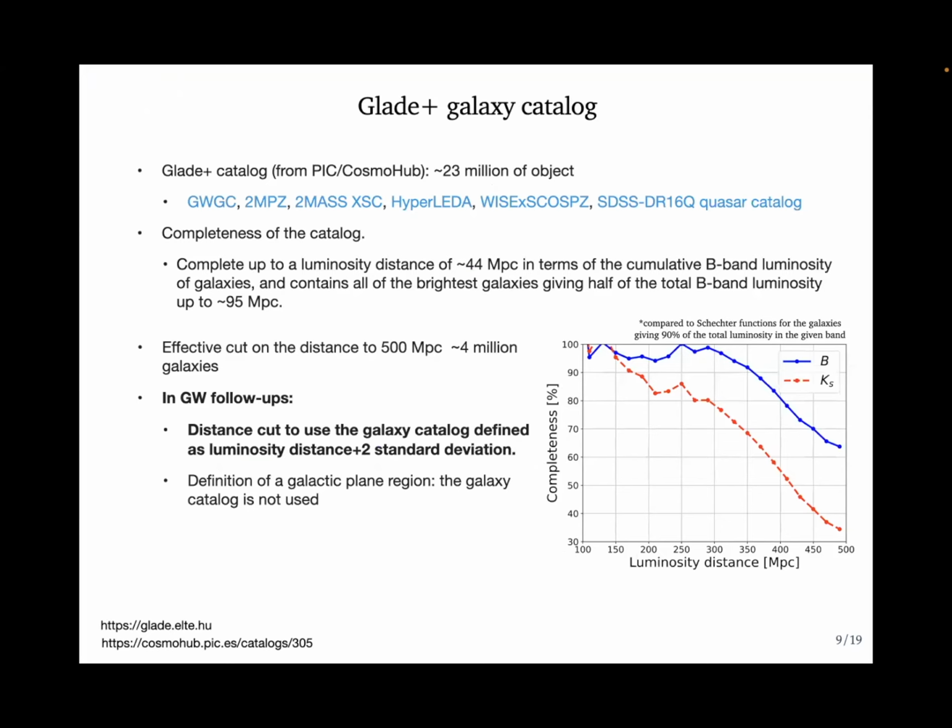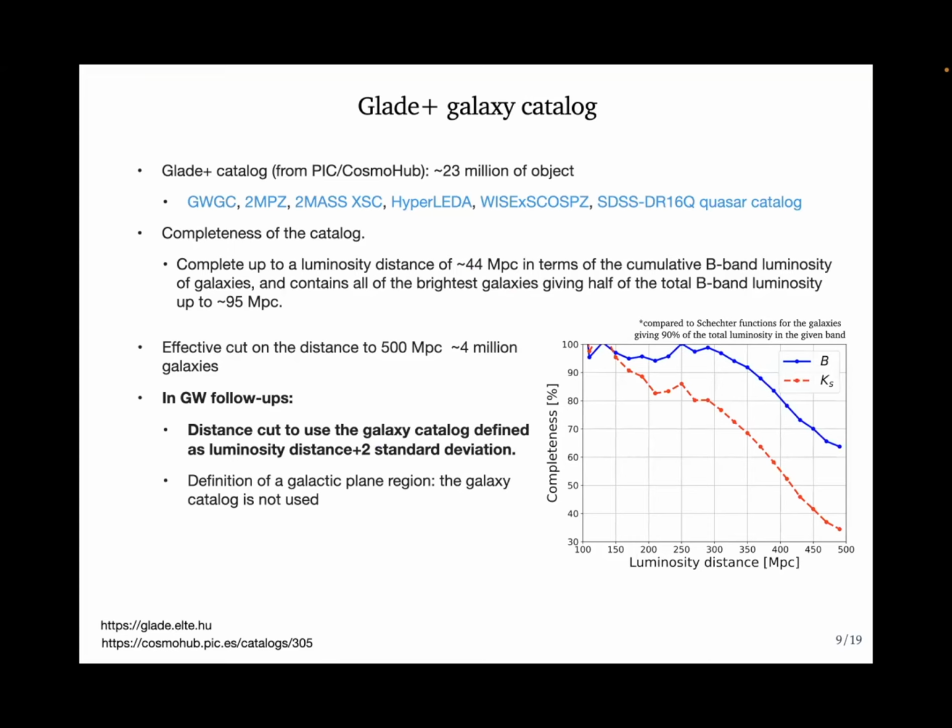Okay, just a note on how we use the galaxy catalog in tilepy if you're going to use Astro-COLIBRI. We take the GLADE Plus catalog, which has many objects, actually 23 million, and then we cut it to fit our needs. We just need the ones in the zone where gravitational waves from binary neutron star mergers can be detected.